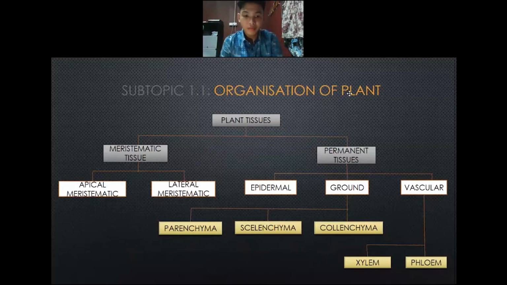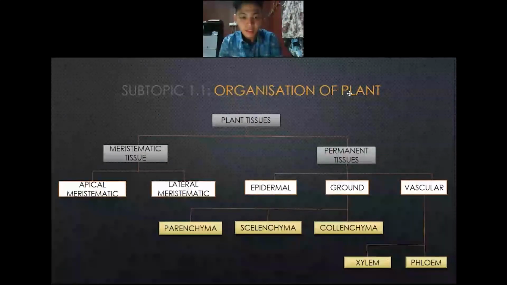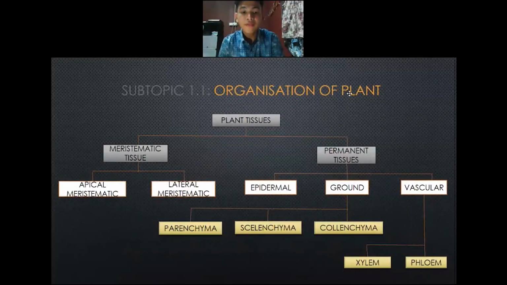Okay, next one we got phloem. Phloem is made of companion cells and sieve tubes, which are living cells with cytoplasm present. The sieve tubes do not have any organelles such as nucleus and ribosome as they decompose at the mature stage. Phloem consists of sieve tubes arranged from end to end, forming an elongated and continuous tube structure.